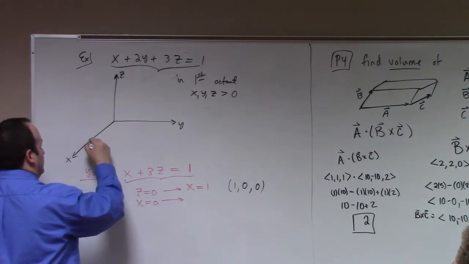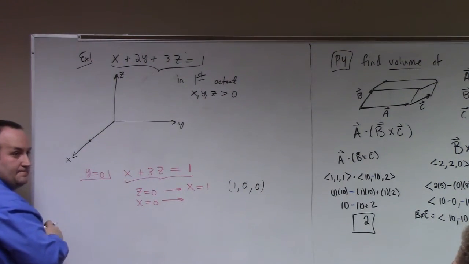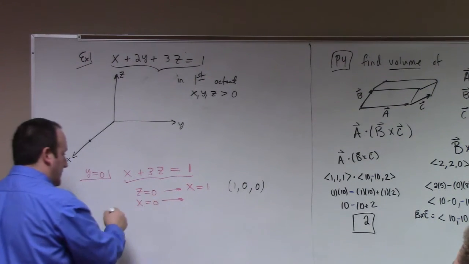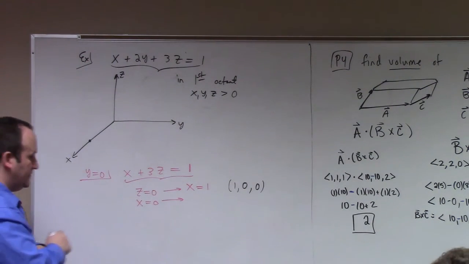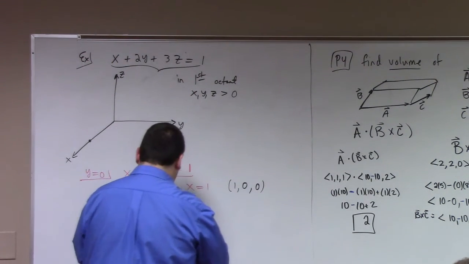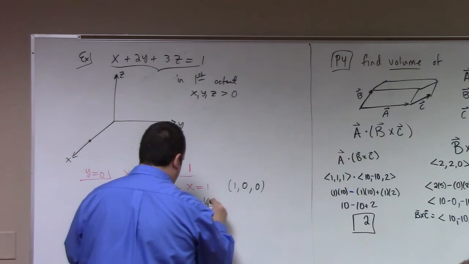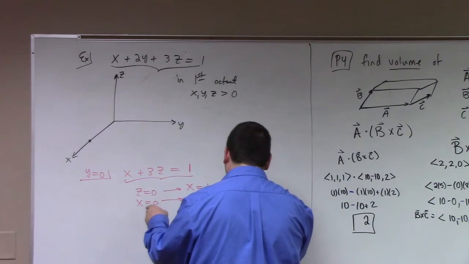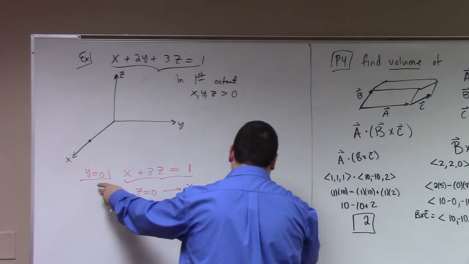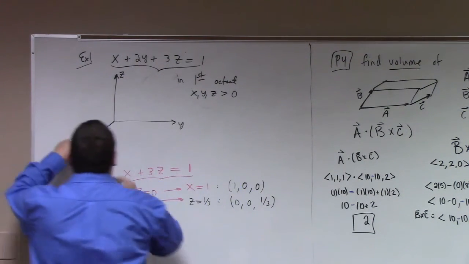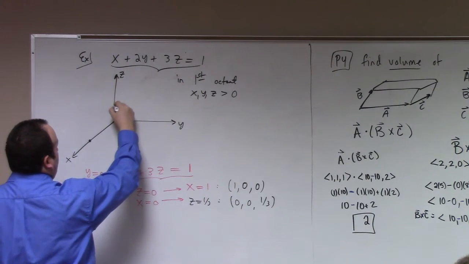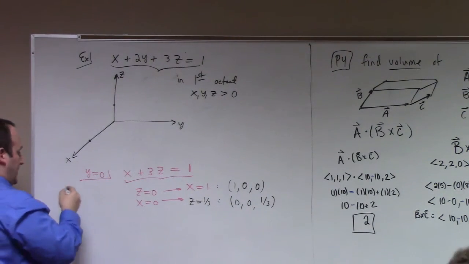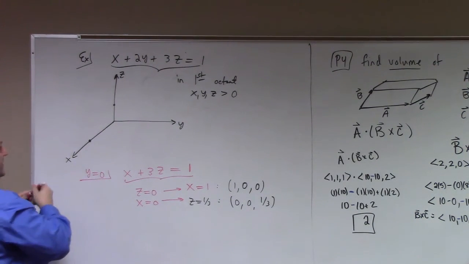So that's one point there, right? And how about when x is equal to 0, what do we get for z? That gives me the point on this line 0, 0, 1/3. So that's up here somewhere, right? And this y equals 0 line is this one.